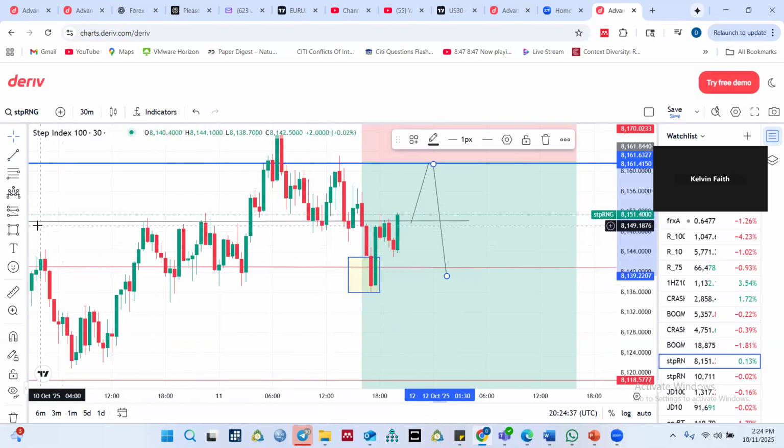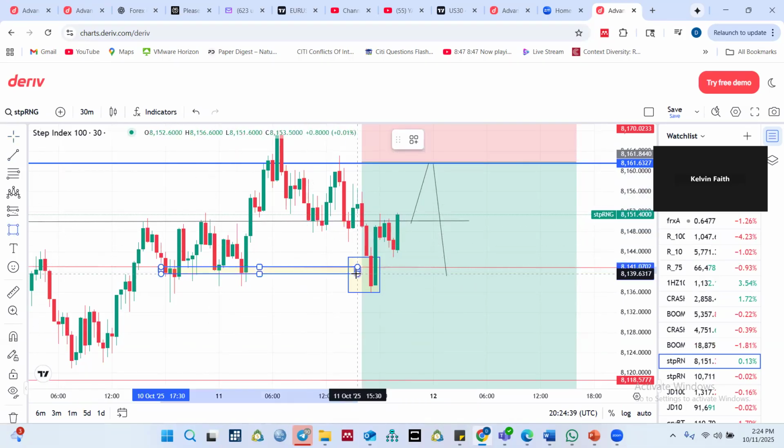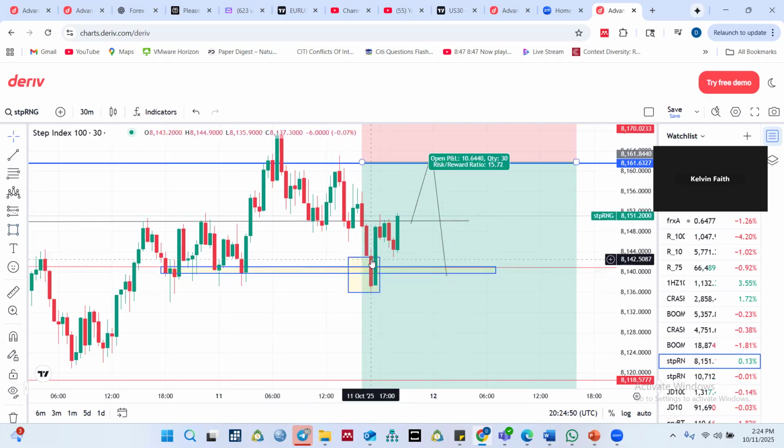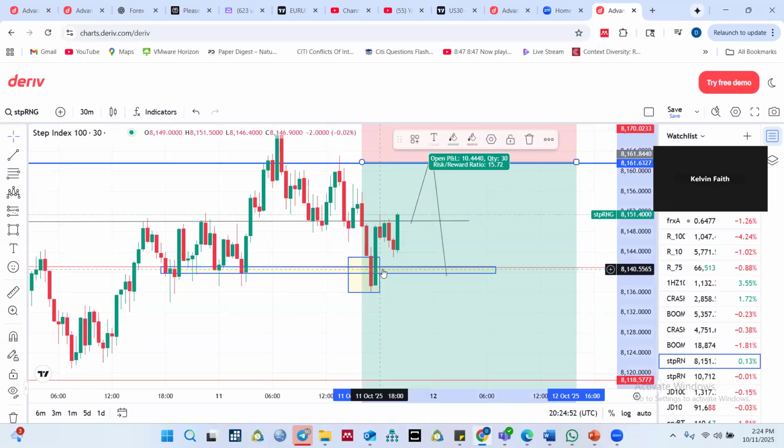Like I said, there are buyers sitting here. All we needed was an indication so that in the future we can sell from here, and price has closed a bearish candle below the buyers.